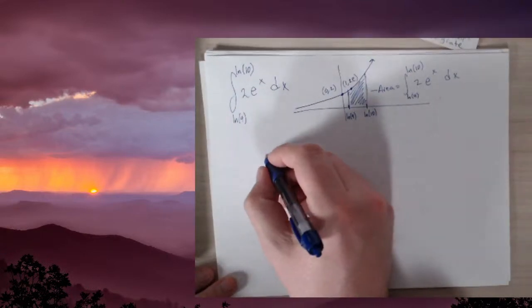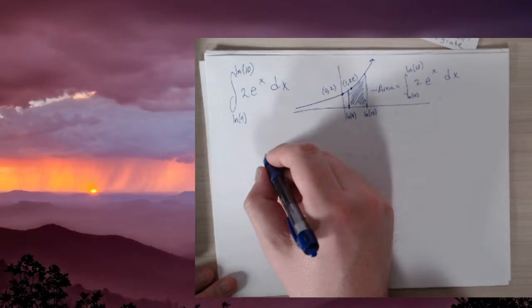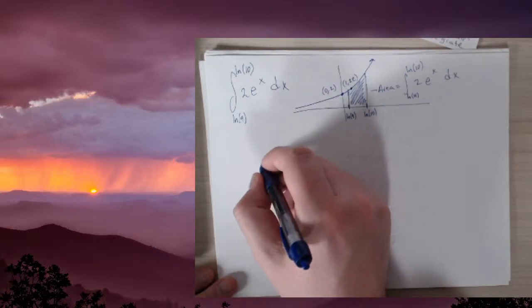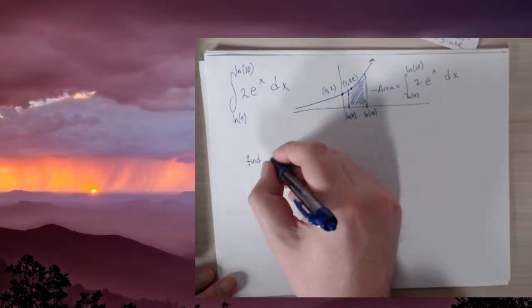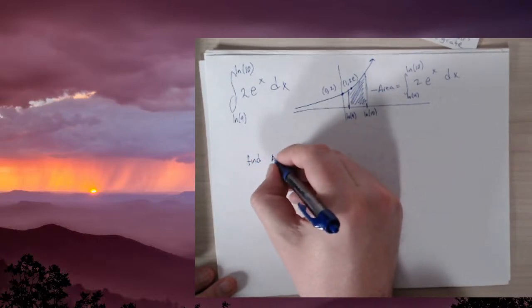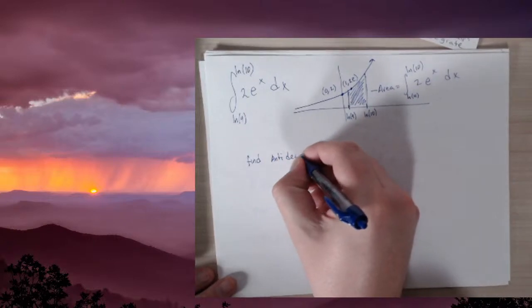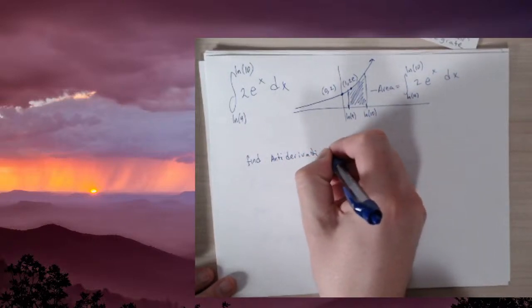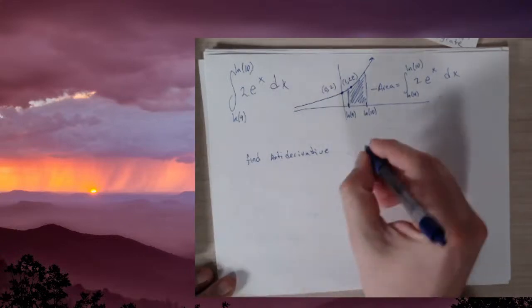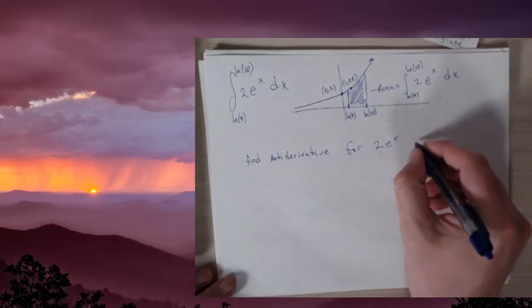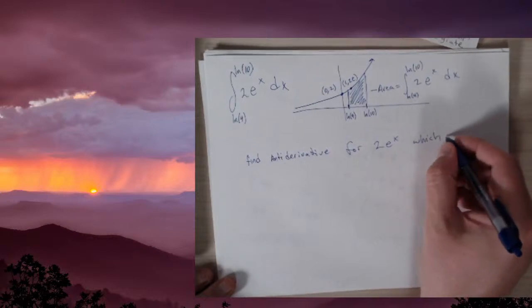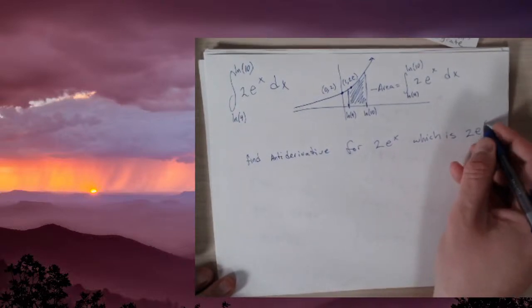This is the easiest antiderivative in the world to take. First, let's find an antiderivative for 2e to the x, which is 2e to the x.